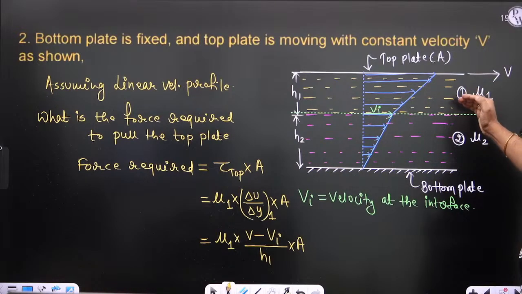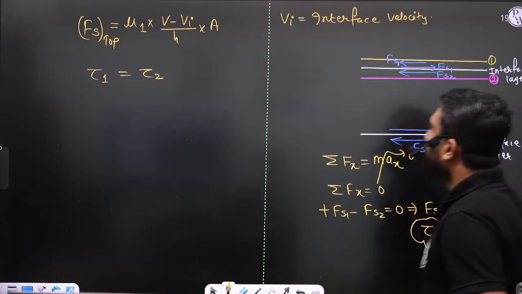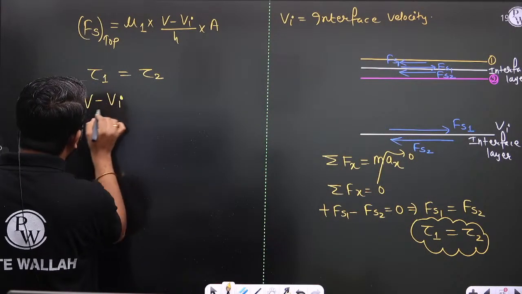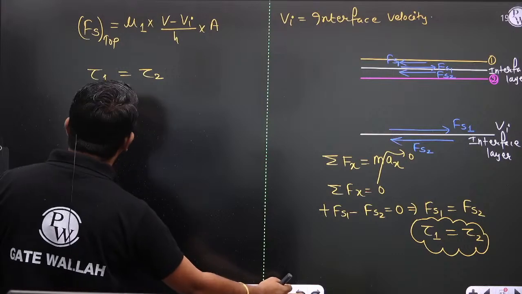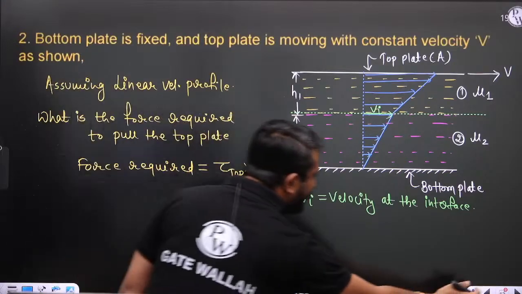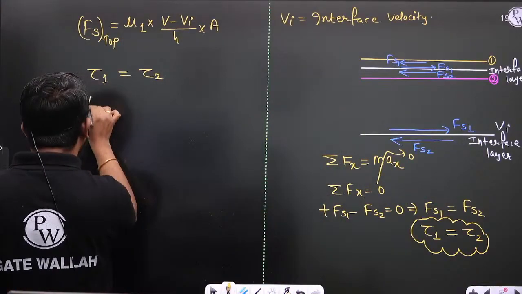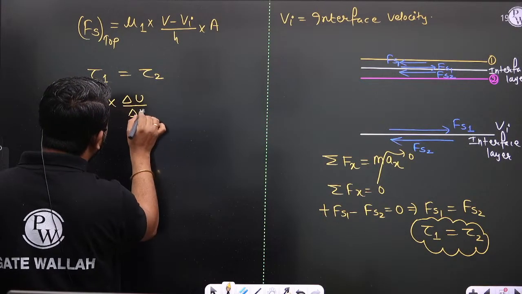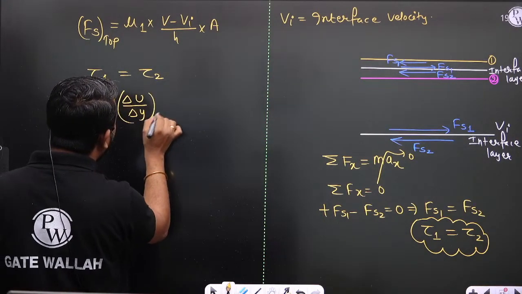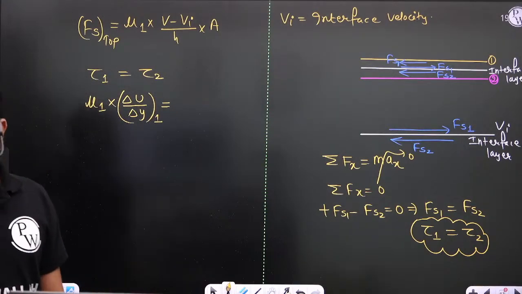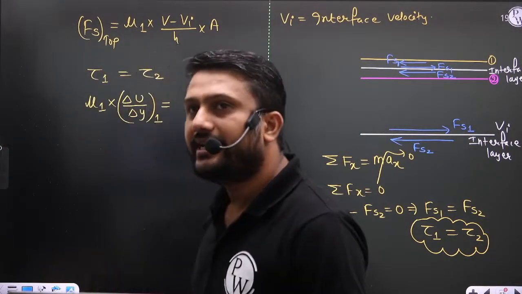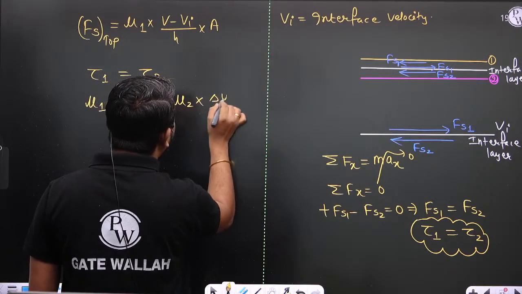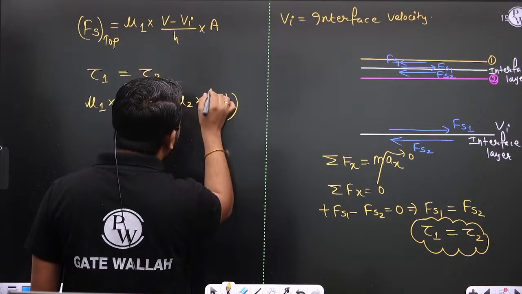Tau1 is nothing but mu1 multiplied by delta u by delta y in fluid number 1, with delta u being V minus Vi, and this is equal to tau2, which is mu2 multiplied by delta u by delta y in fluid number 2.